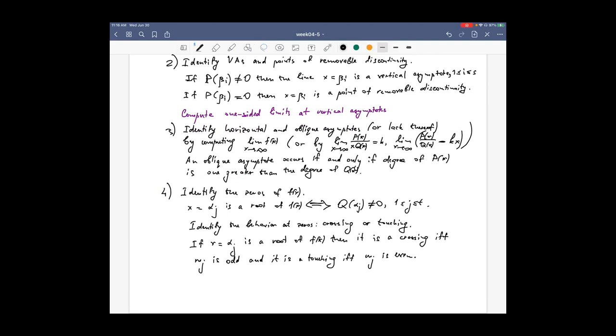All right, so we said how we determine whether a root is a crossing or a touching. And the last step, you probably want to compute the y-intercept, unless your function is not defined at 0, and maybe the value of your function at some other points.